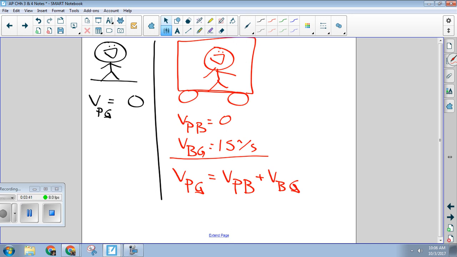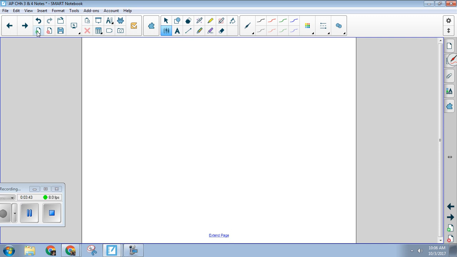Okay, so let's do this. Here's our person. The velocity of our person relative to the bus is, let's say, 5 meters a second.